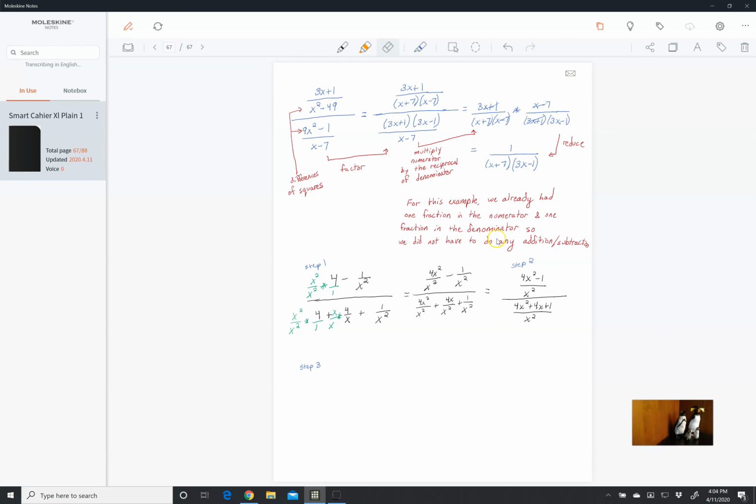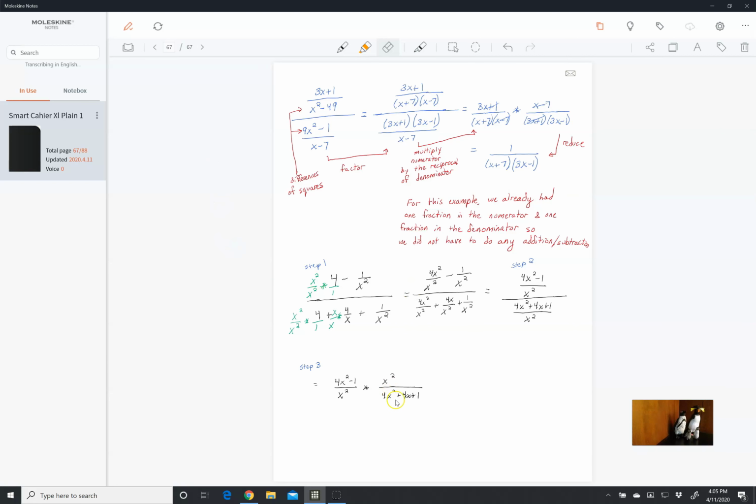Step 3 is to multiply by the reciprocal. So we do 4x squared minus 1 over x squared, and we're going to multiply by x squared over 4x squared plus 4x plus 1.